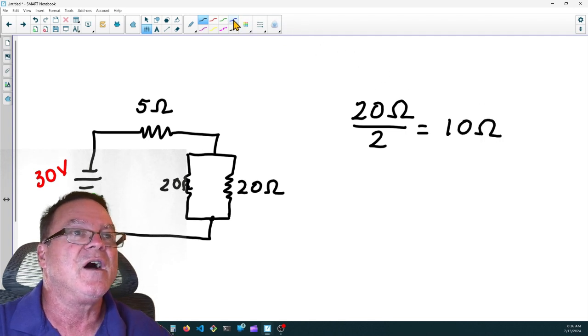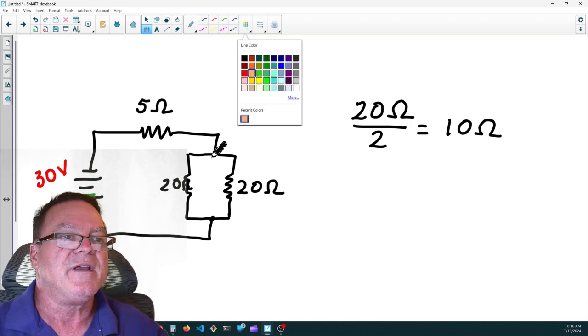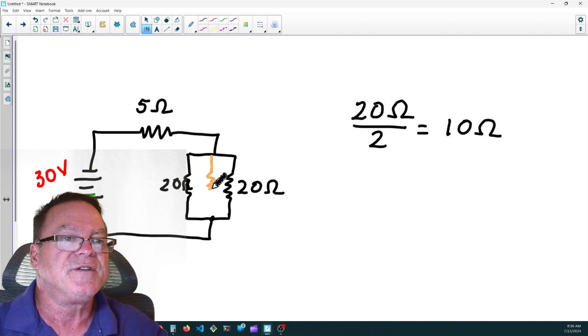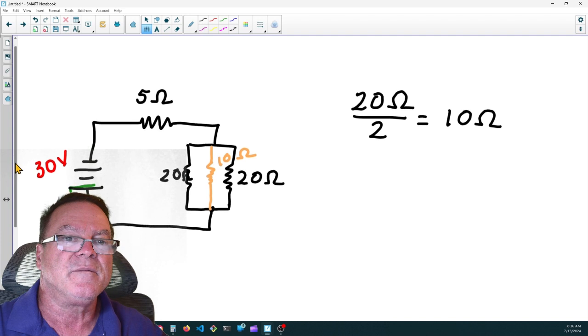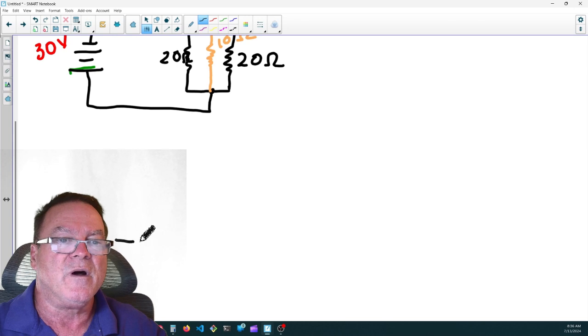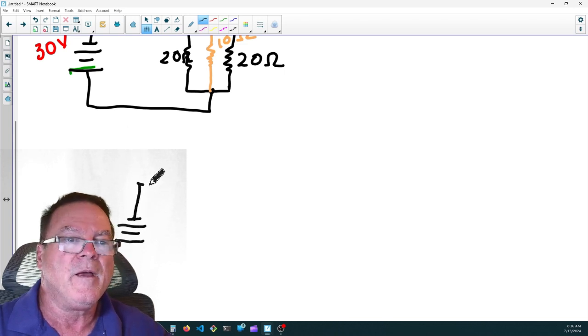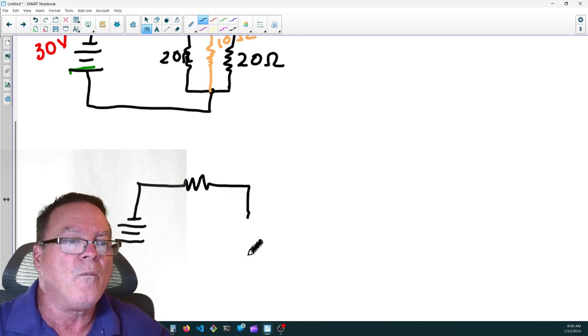And I'm going to use a different color. I'm going to use orange as my equivalent resistance. And here's an equivalent resistor that is 10 ohms. So now I'm going to redraw my circuit to make it a little easier for me to understand what's going on here. There.